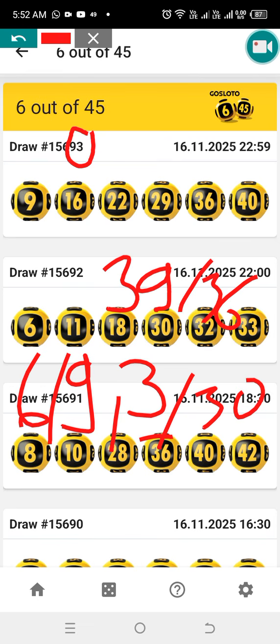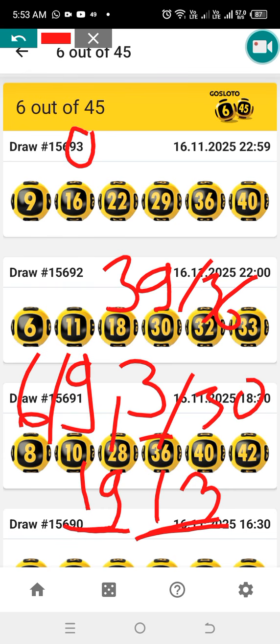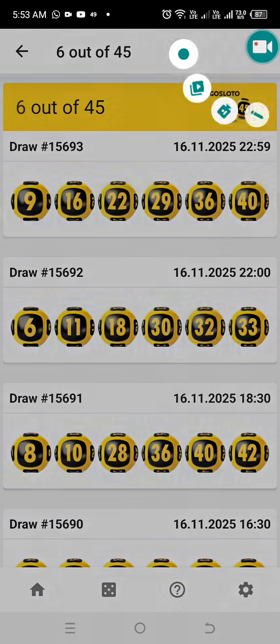So then you add a 10 to each number. 10 to each number is 19 and 13. We're going to have a 13 and 19. 19 should come since it came only 4 draws ago. We have a 13, 19, 220 and 110. Then we have also 69, 36, 39 and 330. Now, the numbers are done.